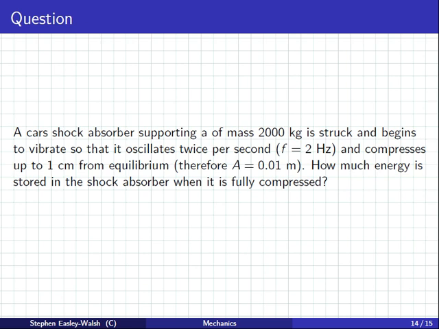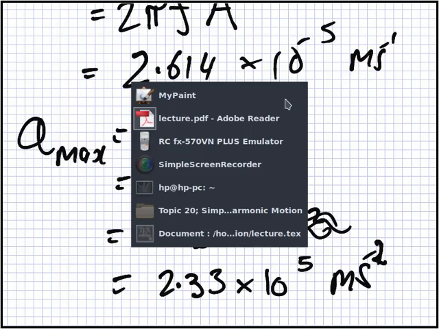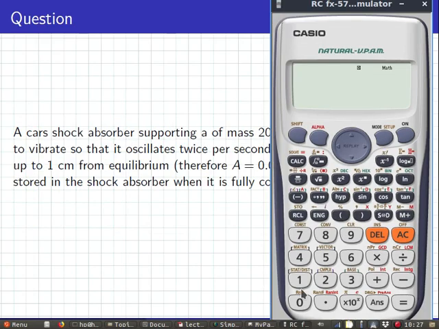Not quite yet for you. Right, have you got an answer here? Let's have a look. A half M omega squared, M is 2000. And what's the omega? 4 pi. The omega is 2 pi over T, and T is 1 over F, so that will be 4 pi.